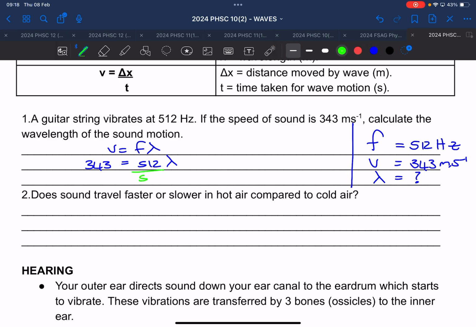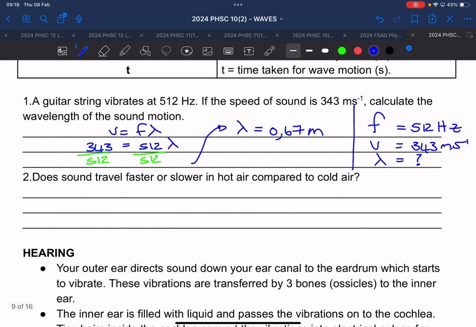Yes. Okay, and then lambda is equal to what? 0.6. And the unit? What does the M stand for? The meters, yes.